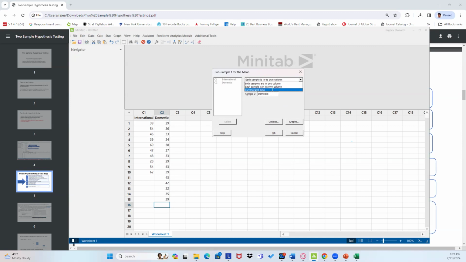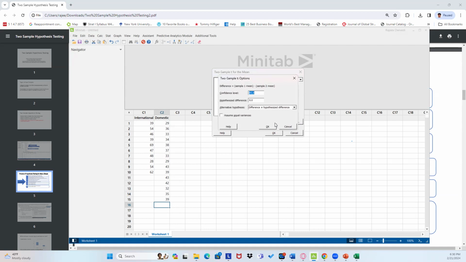You can also put in the summarized data, meaning the sample size, which is 10 here, and whatever the mean of these 10 bags is, I will put here, and whatever the standard deviation is. Similarly, for sample 2, 15 is the sample size, and whatever mean and standard deviation I get. So this is the summarized way of doing it, and this is based on the data.